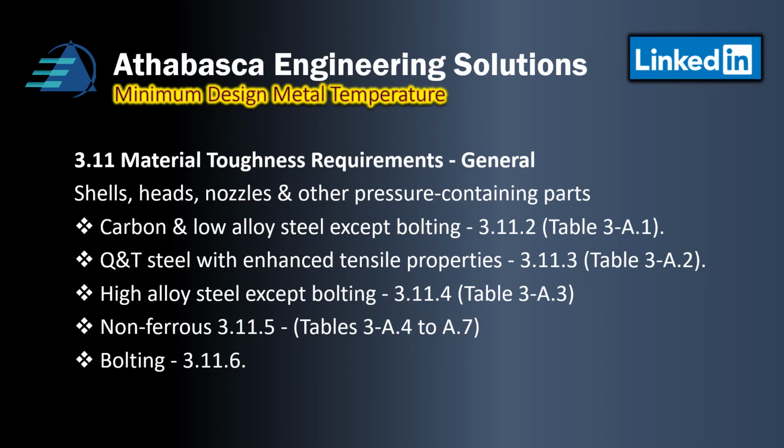So there are some applications where you have aluminum or stainless steel and you have to impact test it because you're running that cold. The only case I've ever found was helium applications, which is very, very specialized, but the rules are there.